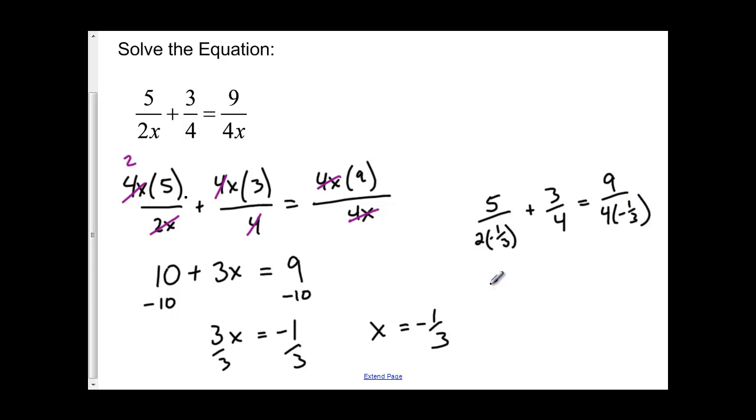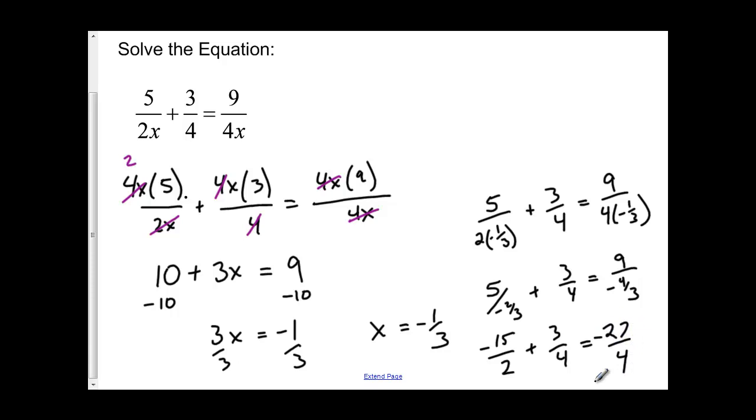When I multiply this out, I get 5 over negative 2/3 plus 3 over 4 equals 9 over negative 4/3. When I simplify these fractions, I end up multiplying on the denominator. So I get negative 15 over 2 plus 3 over 4 equals negative 27 over 4.